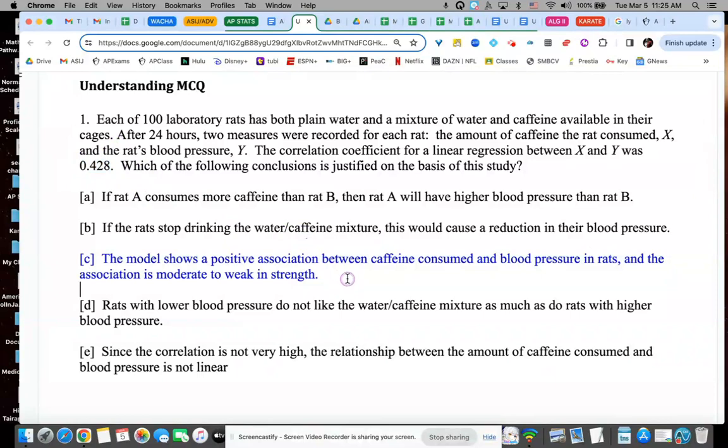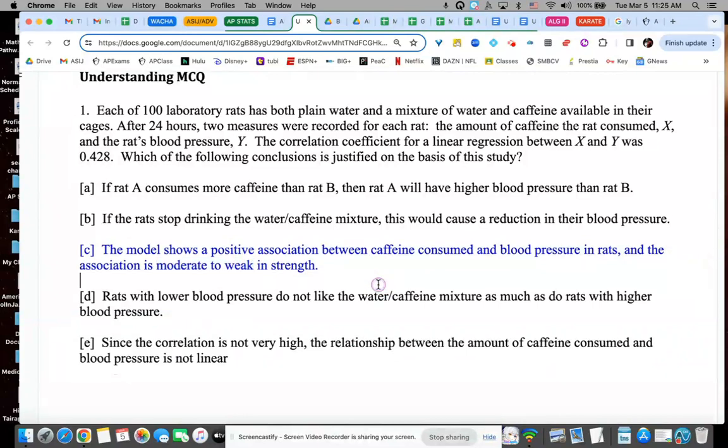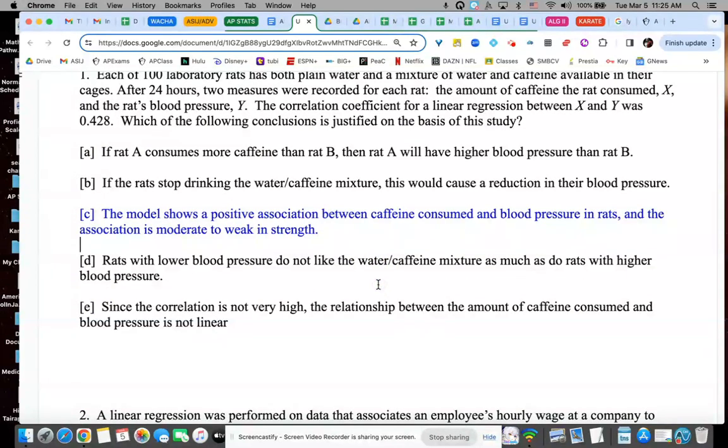C is the answer because that's mentioning what we just talked about: a positive association between the two, and it's moderate to weak. Those are the two things it can tell you, so that's why C is your answer. The others are maybe telling you the association is going down when really it should be going up, or talking about individual creatures, but we don't know the individual data points.